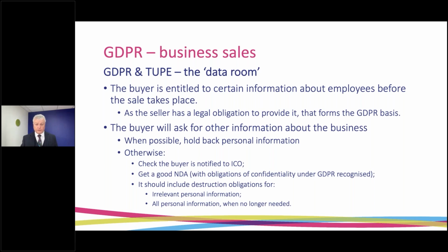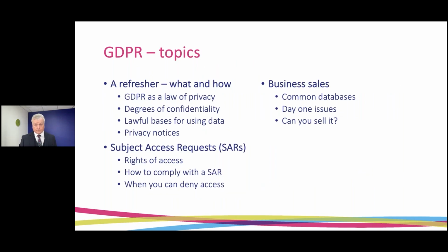You should have a good non-disclosure agreement which recognizes from the buyer's perspective that they have got obligations to the individuals whose data they're picking up as part of the due diligence process, and that they have obligations to delete any information that they no longer need.